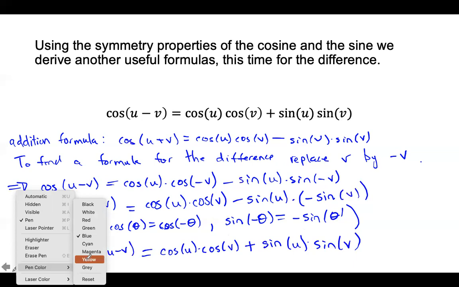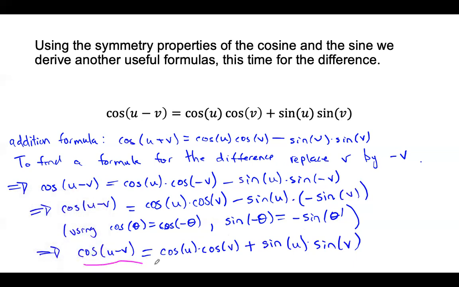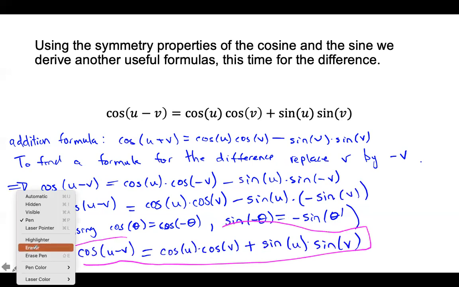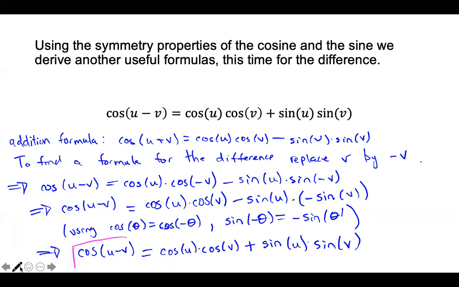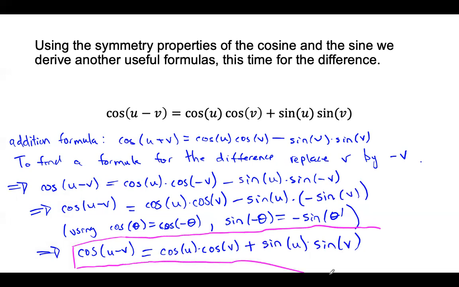Just highlight that. So just notice there's a negative here and a negative here.